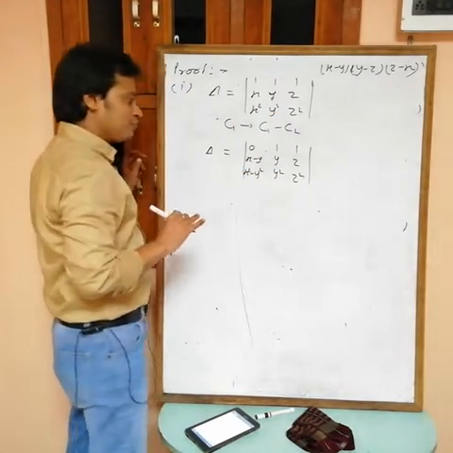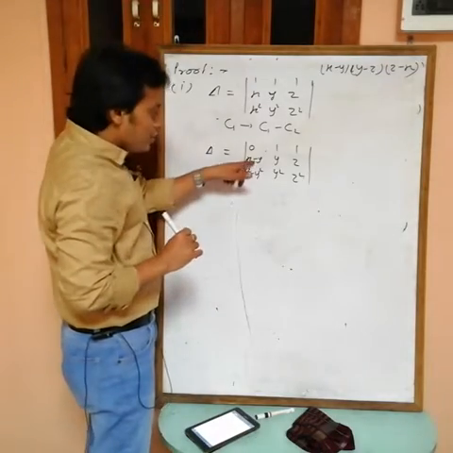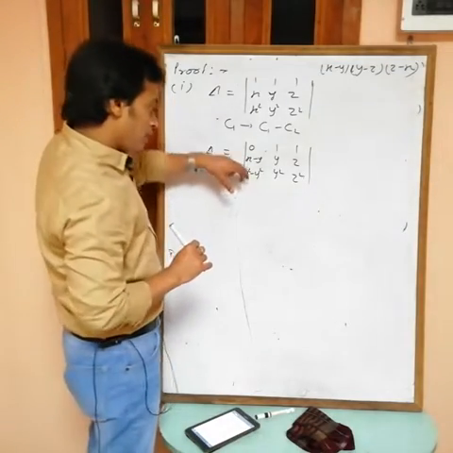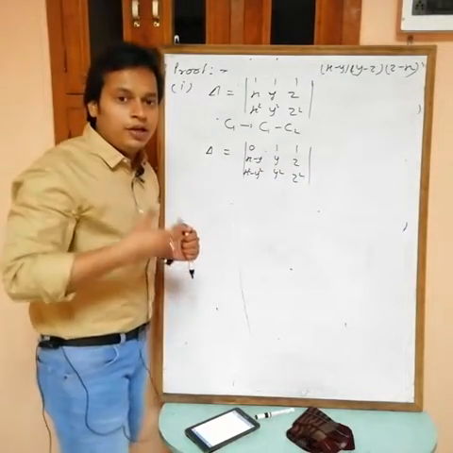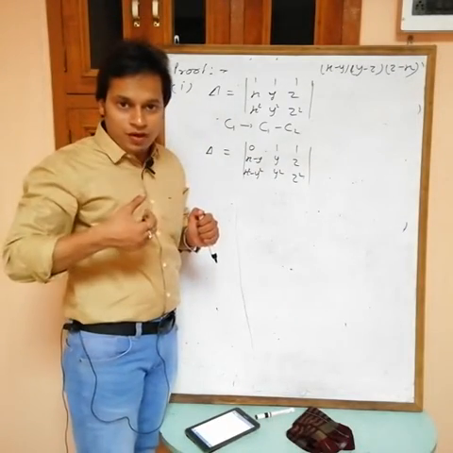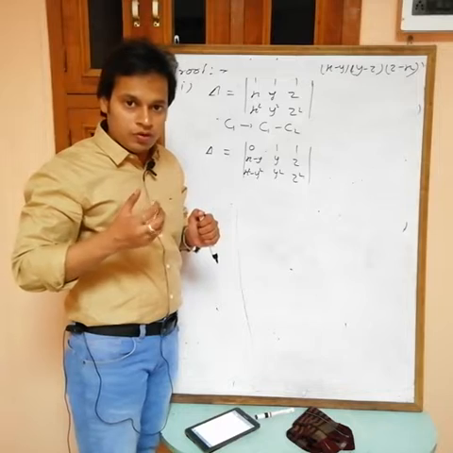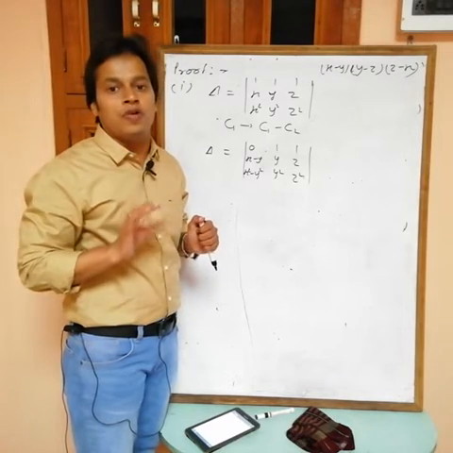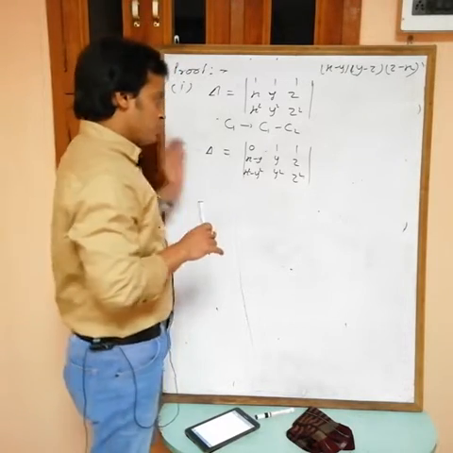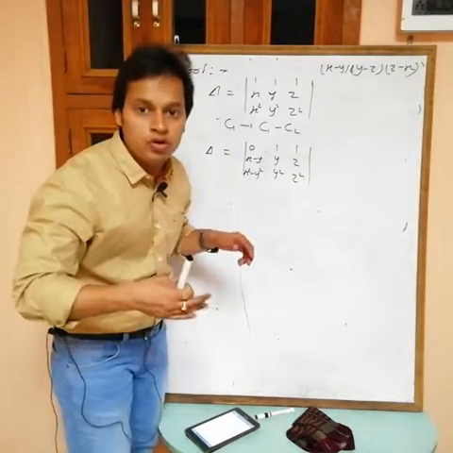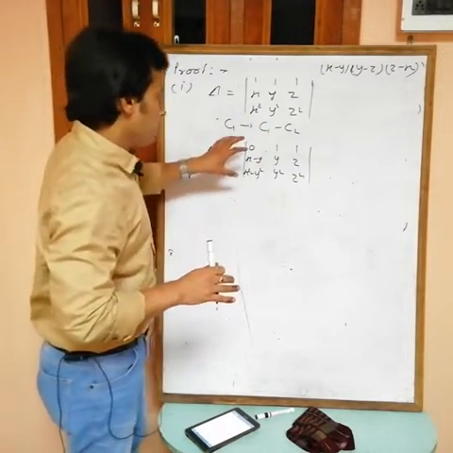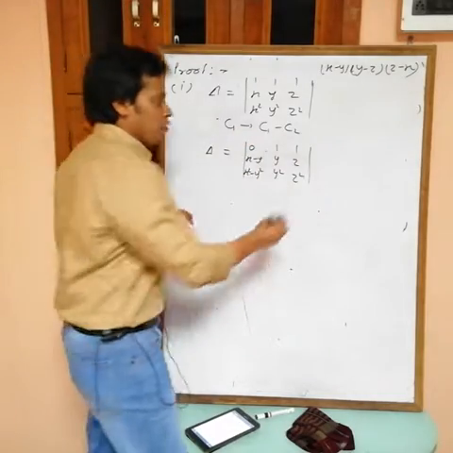Now you can take x minus y common from C1. In a determinant, if you want to take a value common, we have to take it common from only one row or one column, because when we multiply by a constant, it is multiplied with only one row or one column.